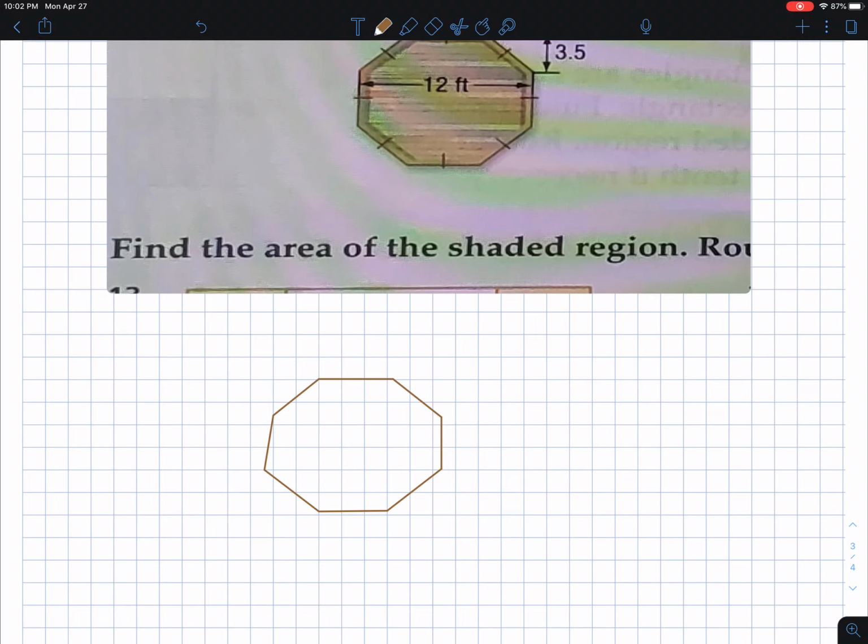So about 3, right? So let's go 1, 2, 3. I'm just being a little meticulous.